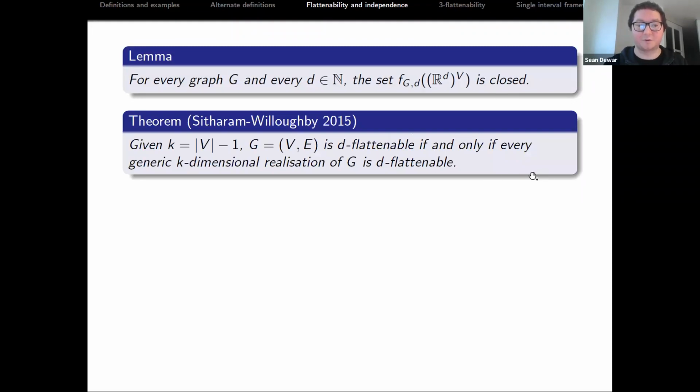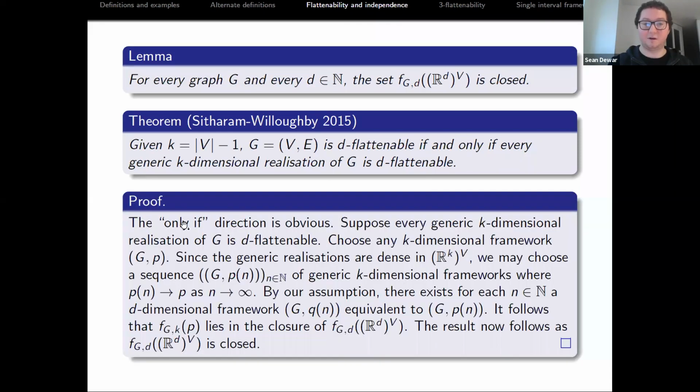This is a result I do want to talk about. A graph is going to be deflattenable if and only if every generic k-dimensional realization is deflattenable. So we only have to consider a certain class of realization, namely these generic k-dimensional ones.